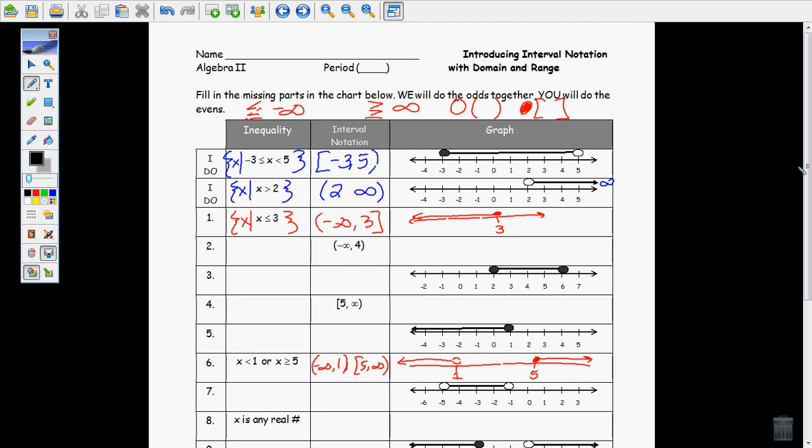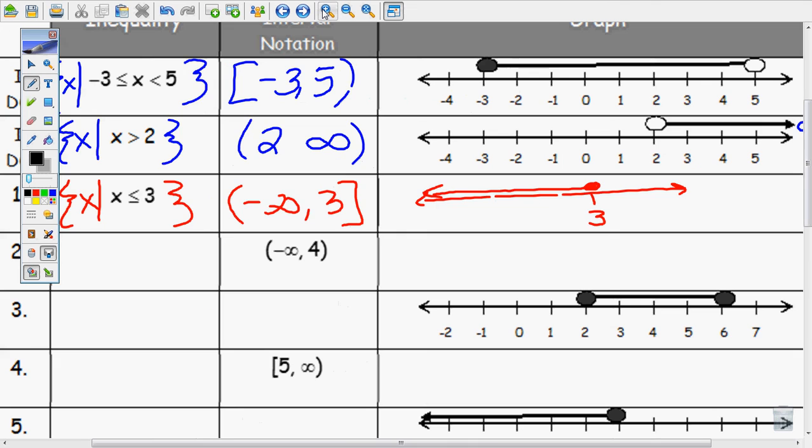On the first I do, I changed my inequality from an inequality to set notation. It's fancy. Because it's from -3 to 5, and at -3 it says equal to, I'm going to use a bracket.